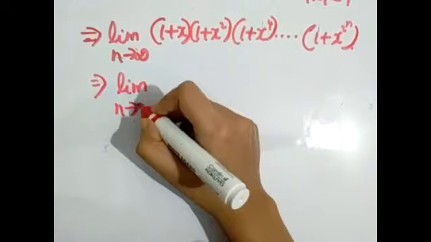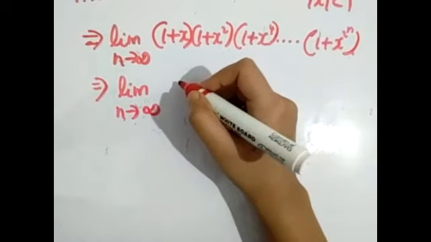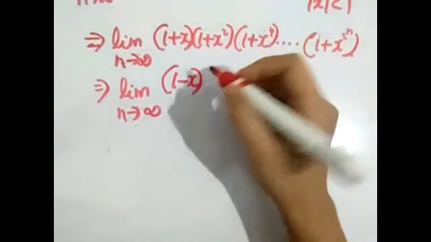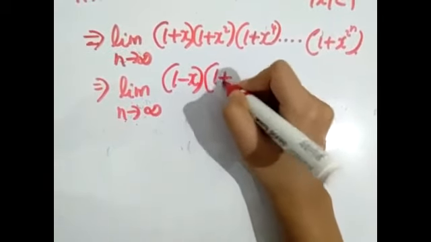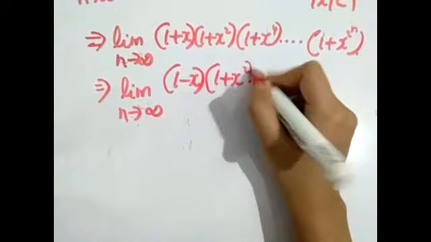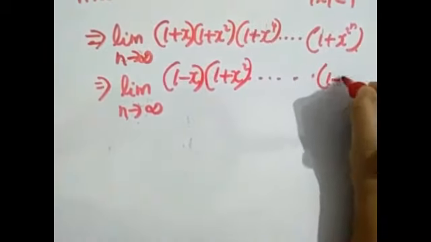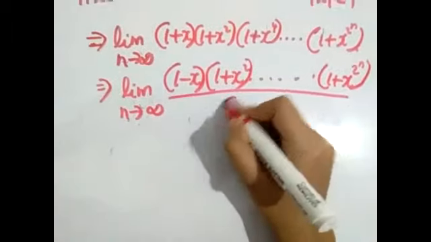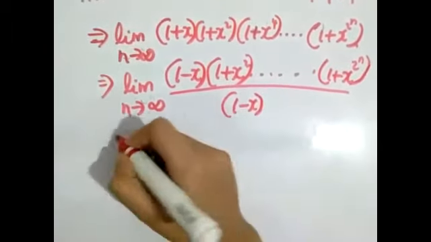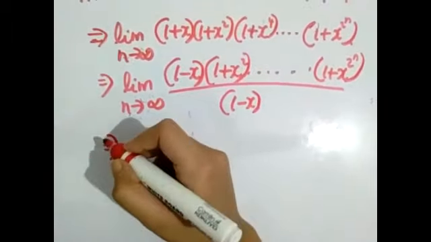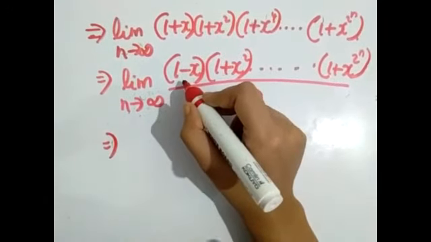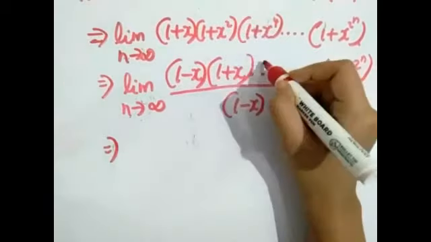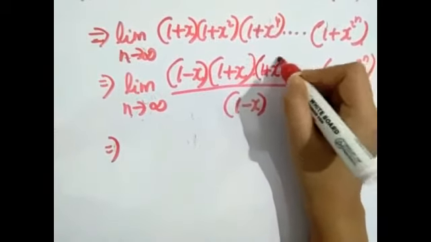Now the next step is a crucial one. Limit n tends to infinity. I'll multiply and divide by 1 minus x. So 1 minus x into 1 plus x, 1 plus x square, up to 1 plus x raised to 2 raised to n. Now I have to divide it by 1 minus x.